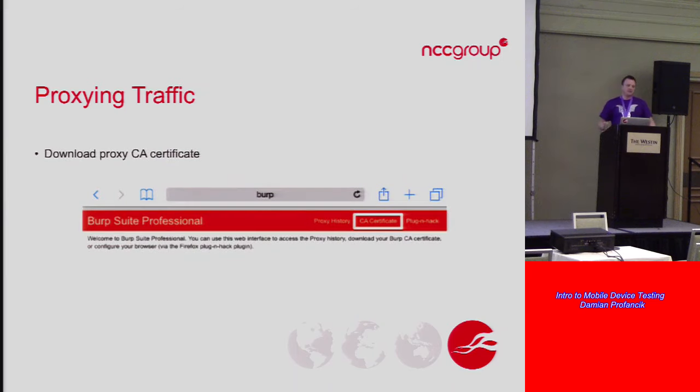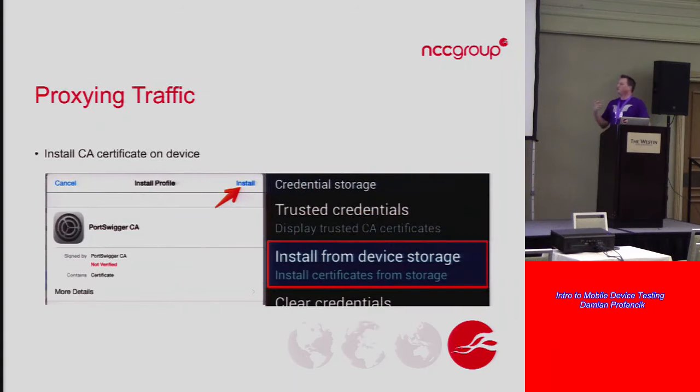The next step is you're going to also want to install the CA cert on the device, because apps are going to profile the SSL and check it when it tries to launch, and it's not going to work usually if you don't have the certificate on the device. So in Burp Suite, you can go to the page, download the certificate, and then install the certificate on the device. Once you have that, it's a trusted CA on the device, and then you can start intercepting traffic.